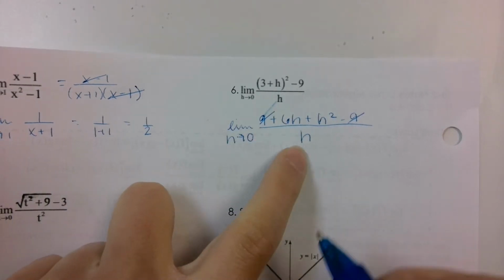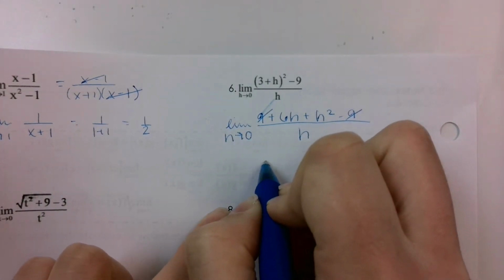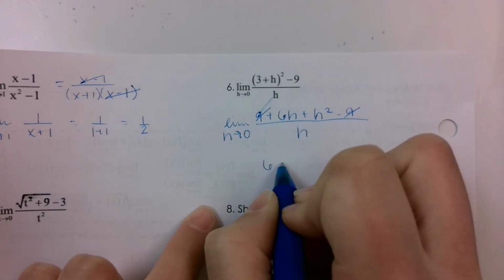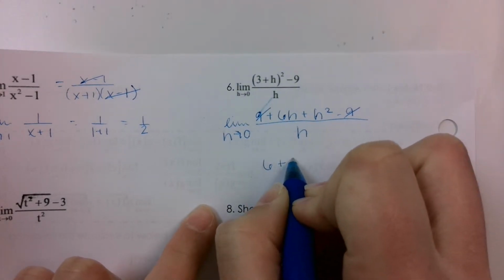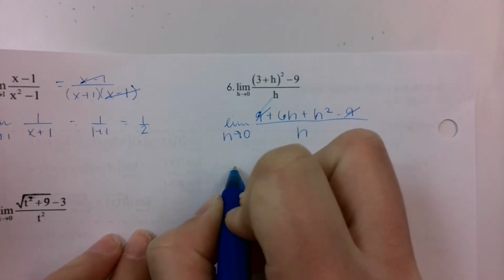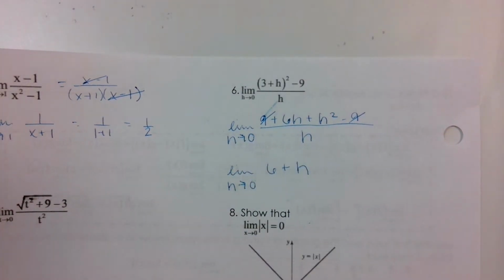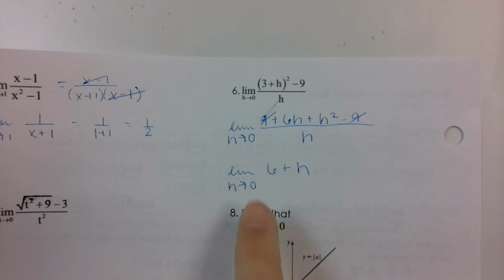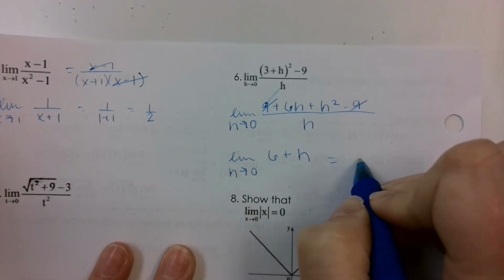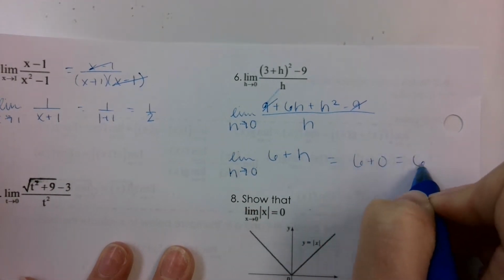So 6h divided by h, what are you going to get? And h squared divided by h, what do you get? H. So this is really just the limit as h approaches 0 of 6 plus h. So now if we plug in a 0, is that going to work? Will we get undefined anywhere? Nope. So 6 plus 0 gives you 6. And that's our final answer.